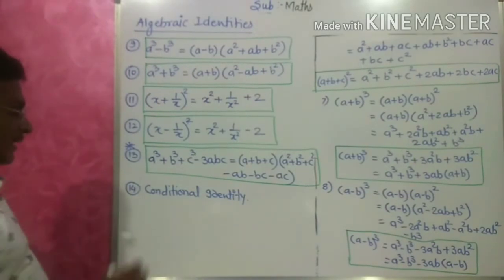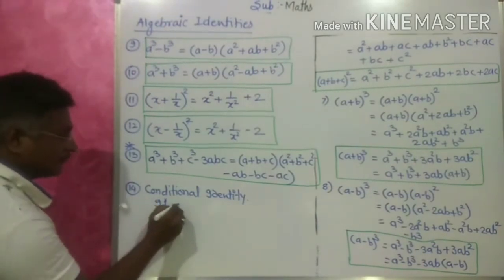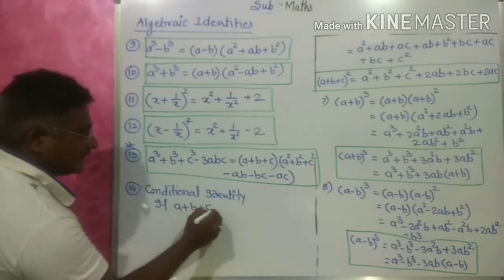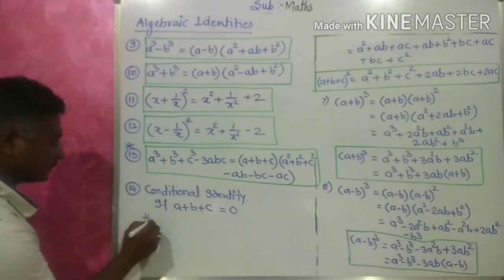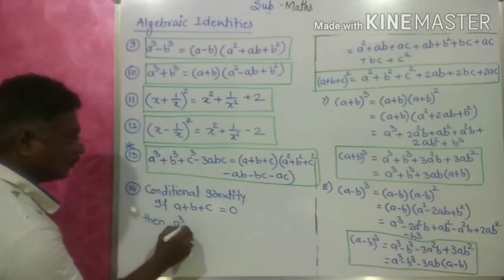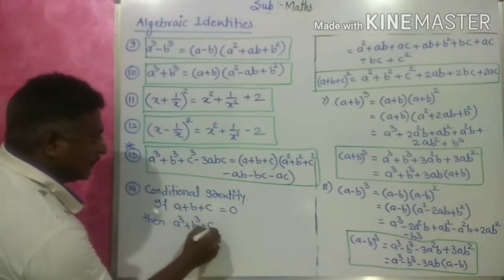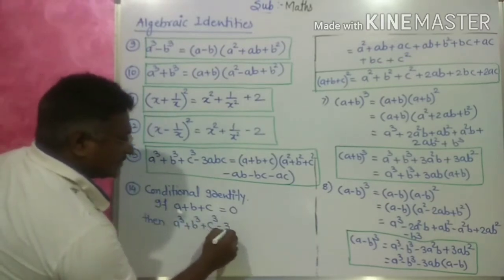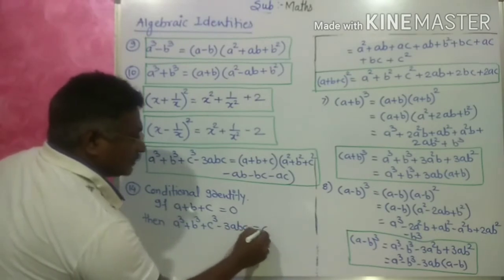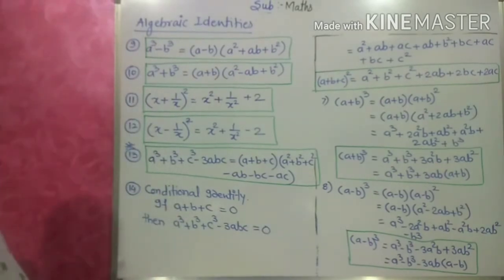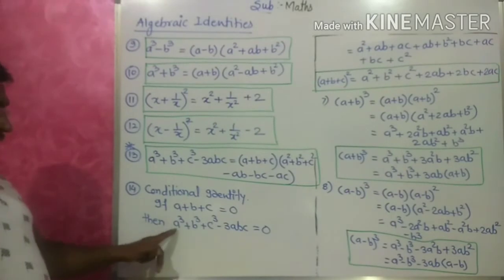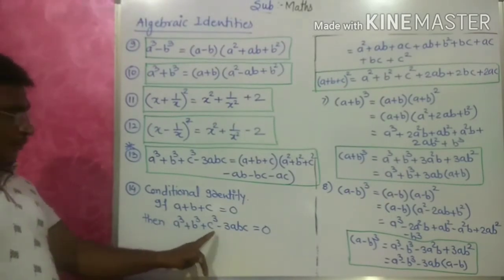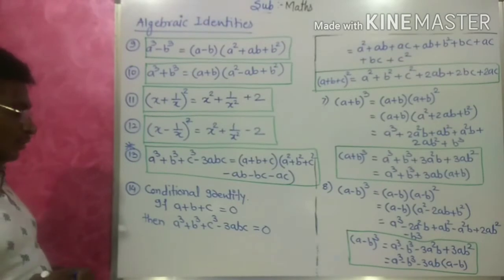If a plus b plus c equals 0, then a cube plus b cube plus c cube minus 3abc equals 0.